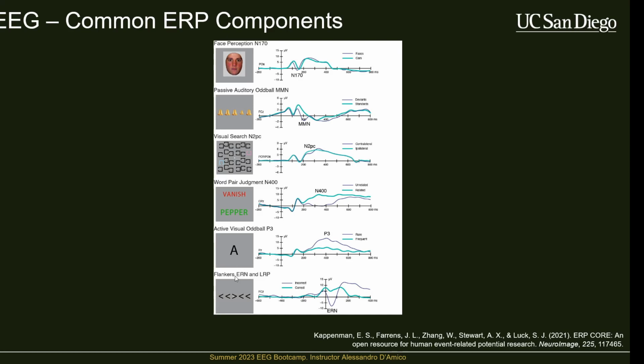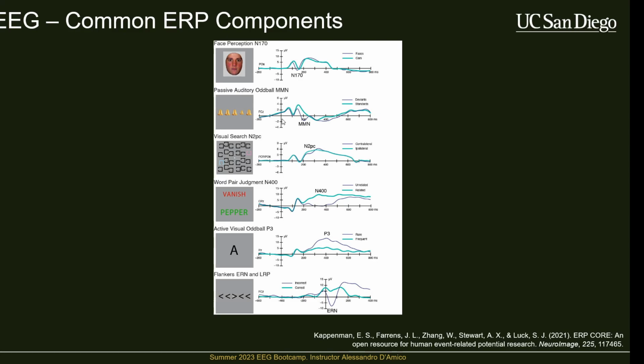It's actually the component that I started off studying when I was at my old lab, so I know a lot about the ERN. What's nice about the active visual oddball task that we're doing, the active in this case, again, has nothing to do with active electrodes. It means that the person is actively responding to something. So with a passive task, like the passive auditory MMN, you're not doing anything besides just listening to stimuli.